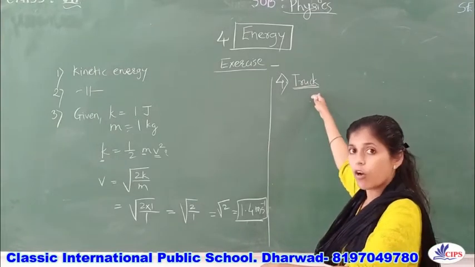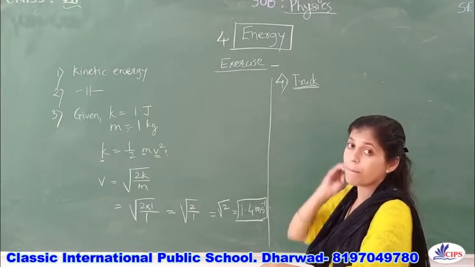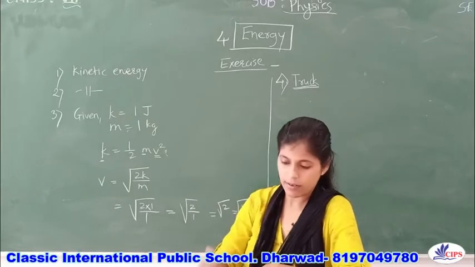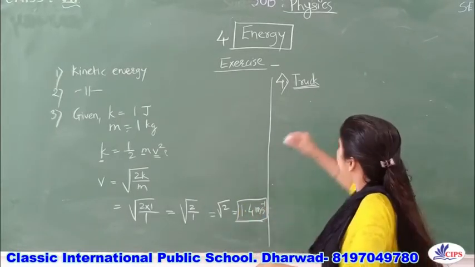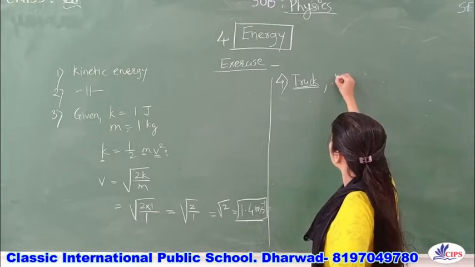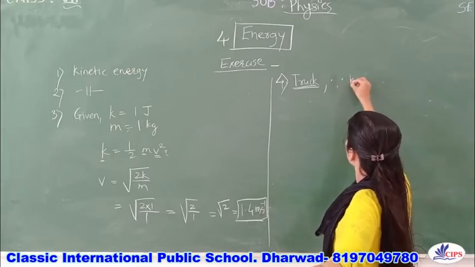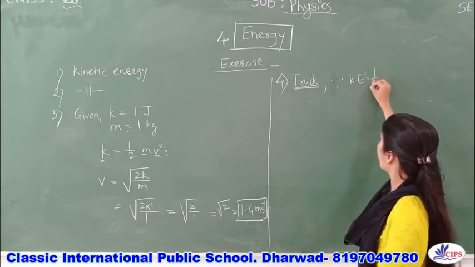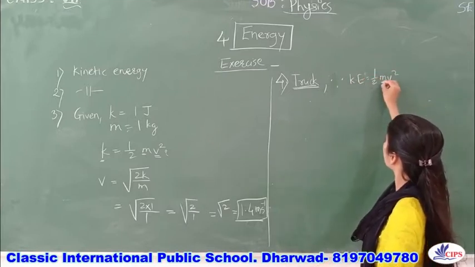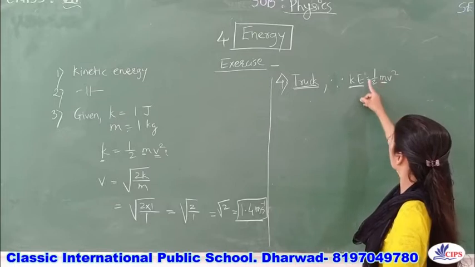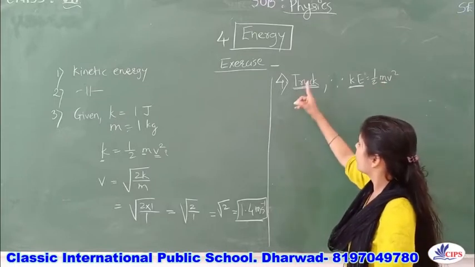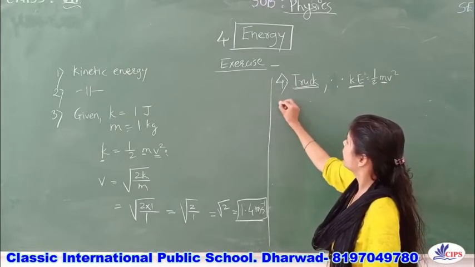The truck, because it has more mass than the car, right? You know the formula. In that you can even mention: because KE is equal to half mv square, where KE and m are proportional, the truck will have more kinetic energy.